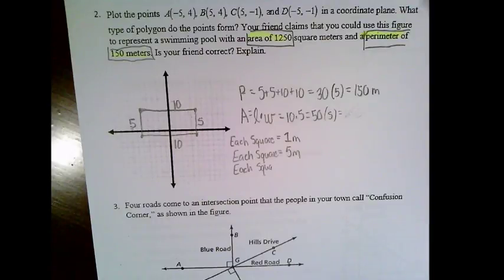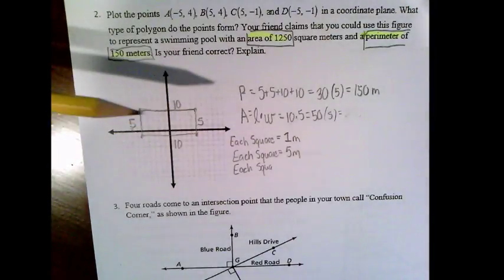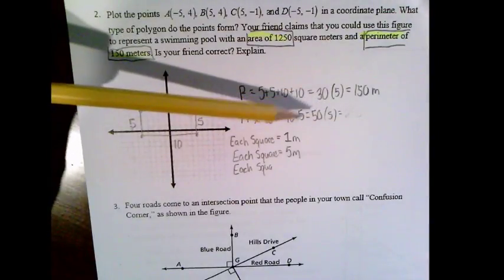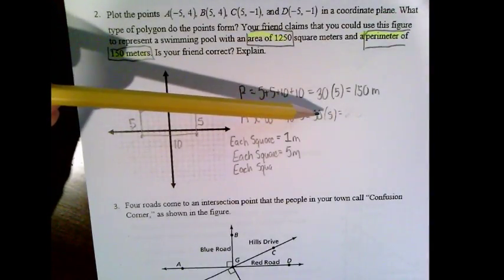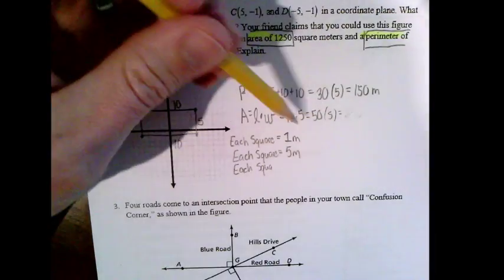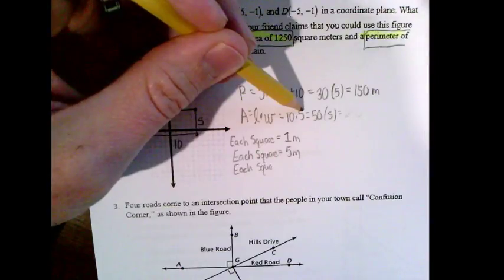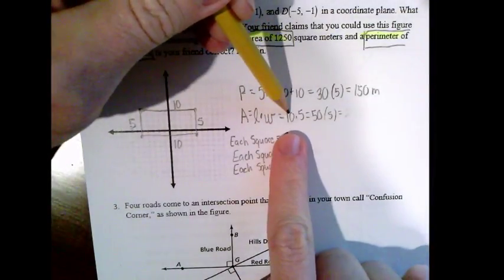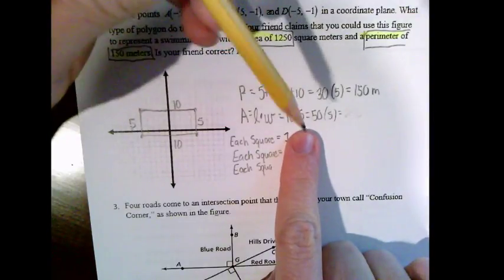So the area is a little funky because think about it. We can't just multiply the area by 5. We've got to multiply this by 5 and this by 5. So I have to multiply this by 5 and multiply this by 5.